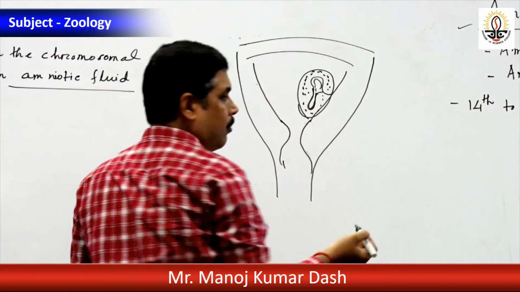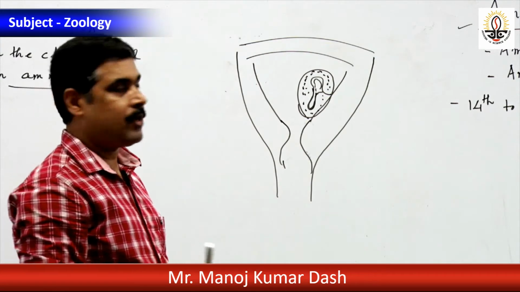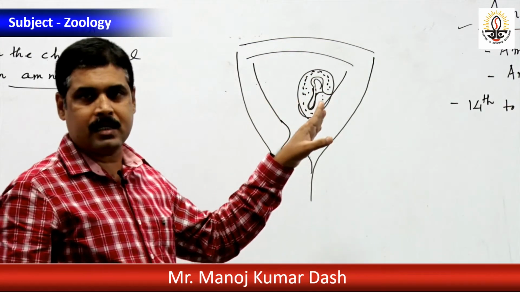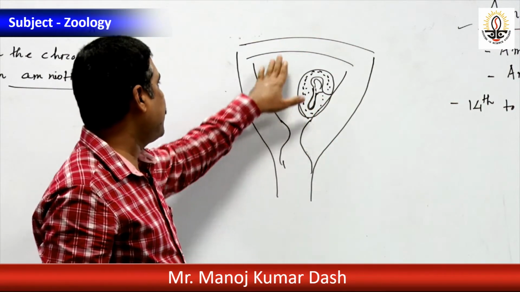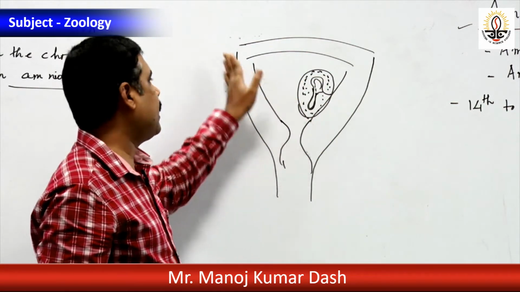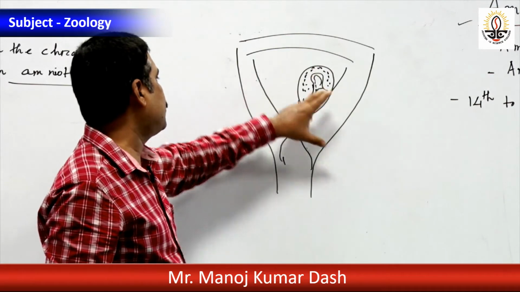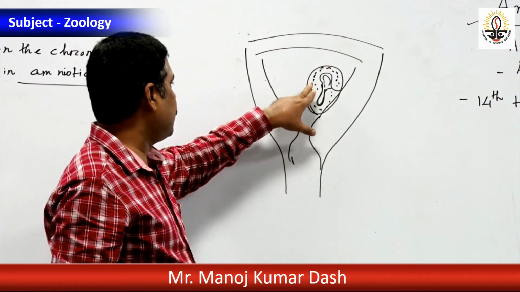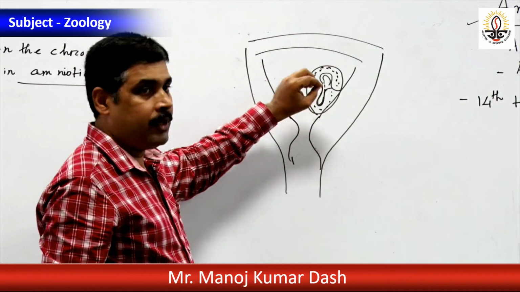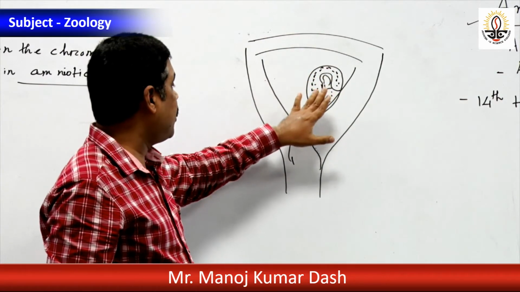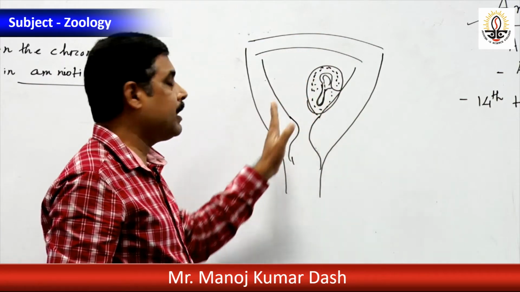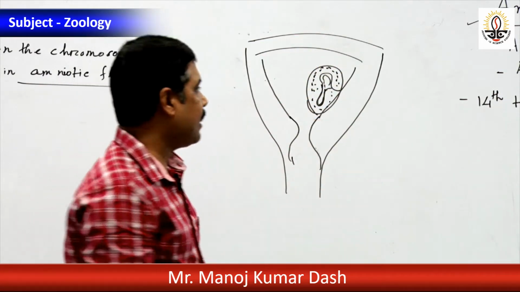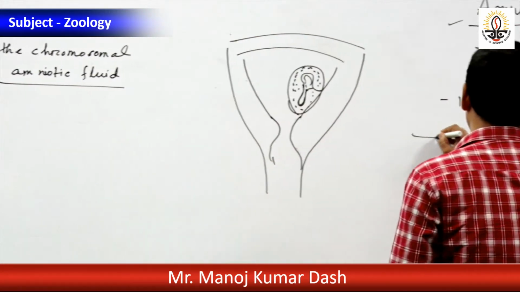What is the procedure of amniocentesis? First of all, the location of the fetus inside the amniotic cavity is diagnosed. This is the amniotic membrane, and within the membrane the amniotic fluid and cavity are there. First we have to diagnose where the fetus is lying, and that is done by means of ultrasonography.